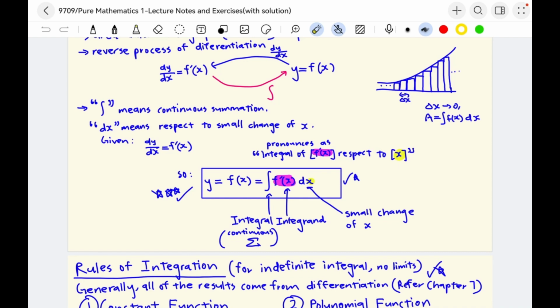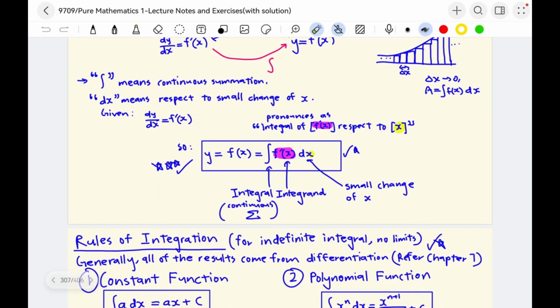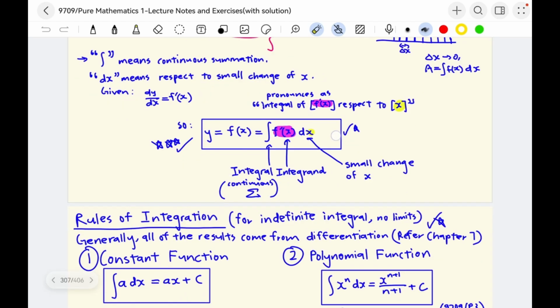Okay, for this we call it the Riemann Sum theorem, to be discussed later. Okay, so dx means with respect to the small change of x. Okay, the small change is very small and even negligible.